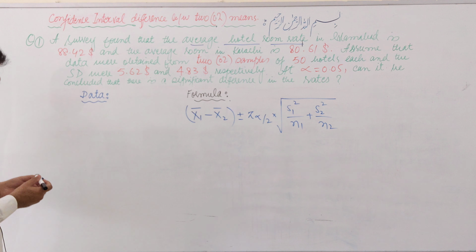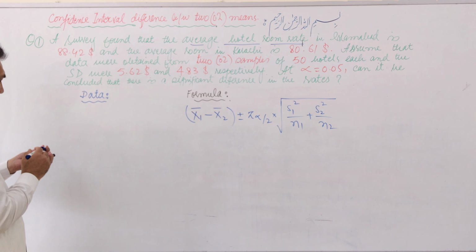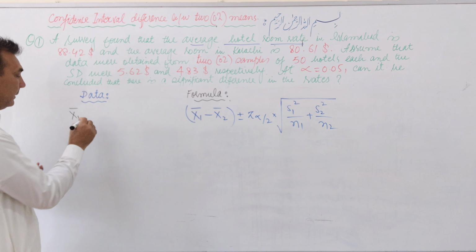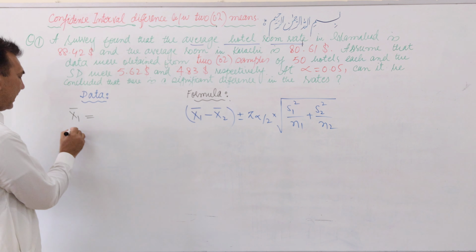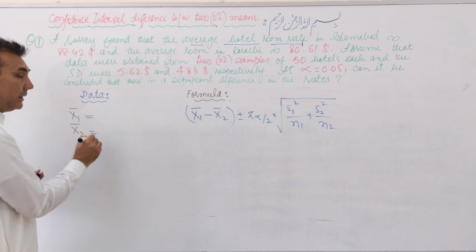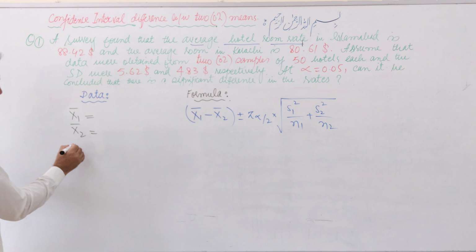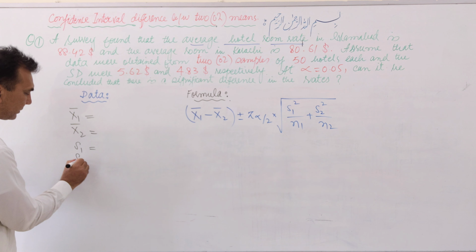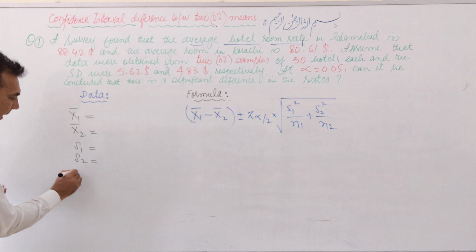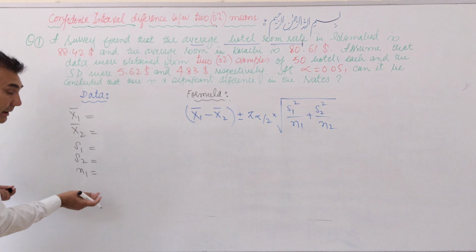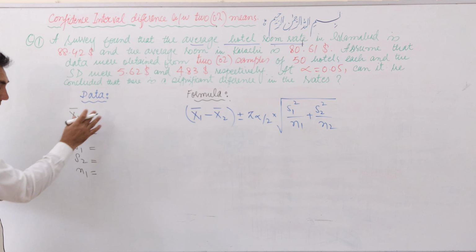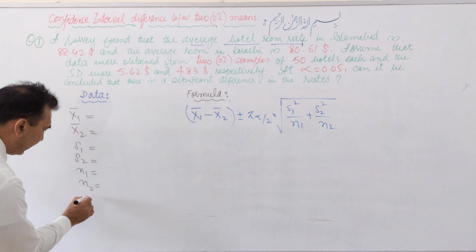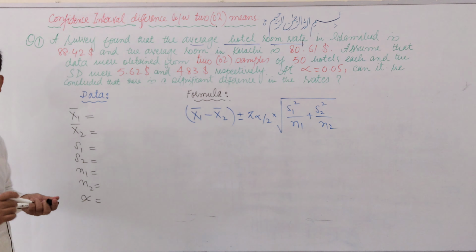We need the sample mean of the first sample, x1 bar, and the sample mean of the second, x2 bar. We need the standard deviation of sample 1 and the standard deviation of sample 2, the sample size n1 of the first sample, the sample size n2 of the second sample, and then the alpha value.